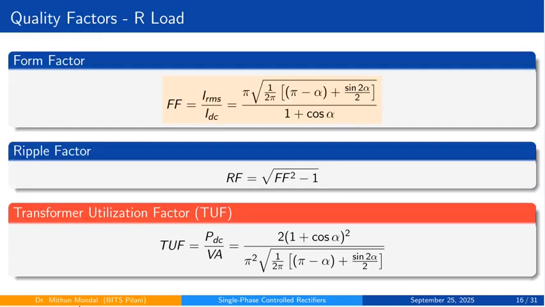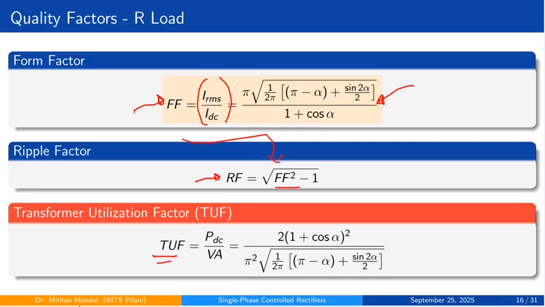Other factors we need to estimate include the form factor, which is the RMS current by the DC current. We can use the formula from the previous expressions of the RMS current and DC current. The ripple factor is the square root of form factor squared minus 1. So the form factor we have estimated, we can substitute here and get the ripple factor.